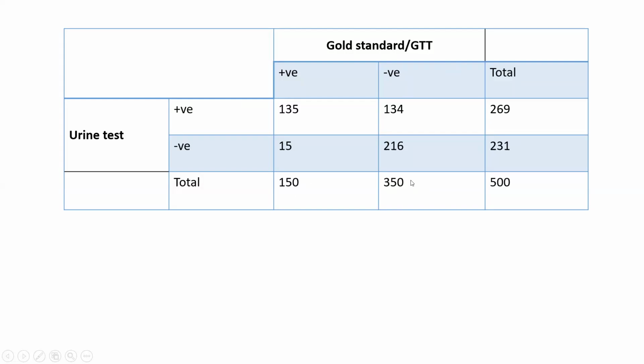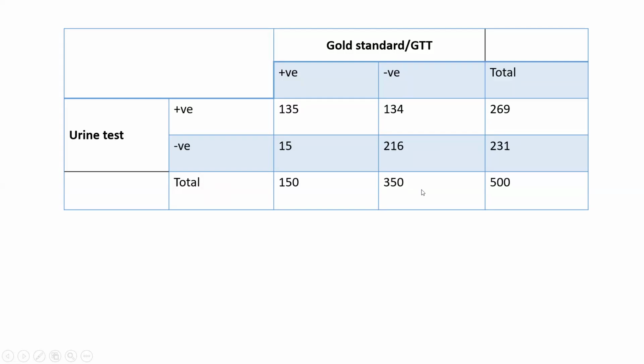Out of these 350 negatives, it correctly identified 216 as negatives. So you can develop this table using this data: how many are gold standard positives and gold standard negatives, test positive out of gold standard positive, and test negative out of gold standard negatives.